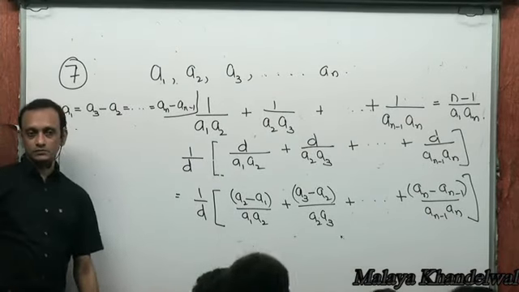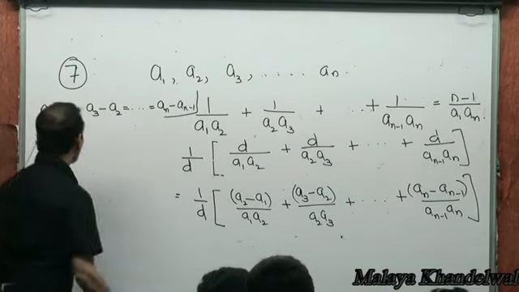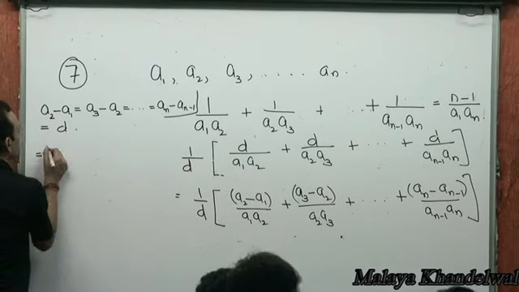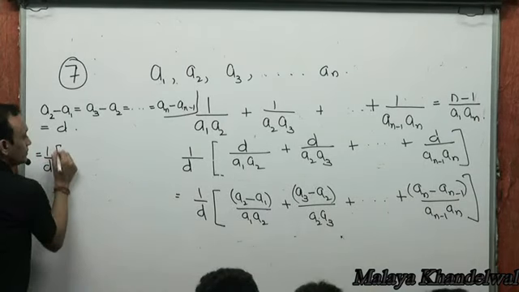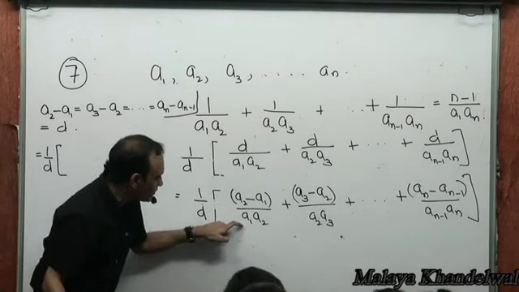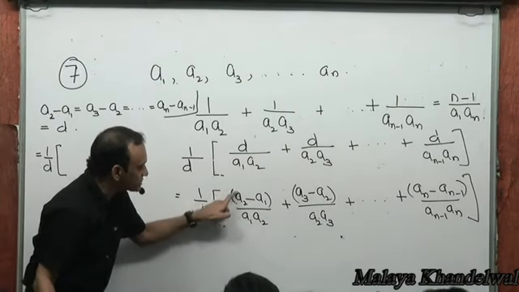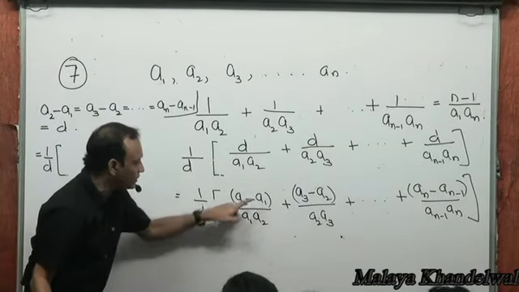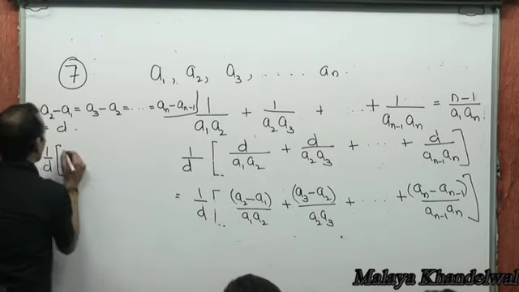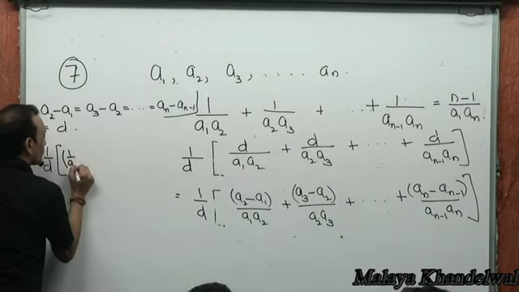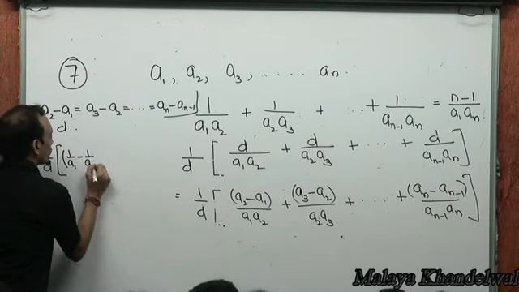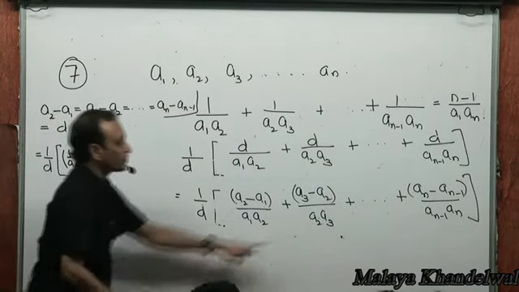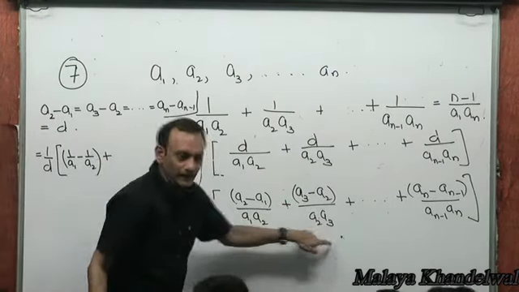How about this? Now what transpires is something interesting. 1 by d, if I divide, this will give me 1 by A1 minus 1 by A2, isn't it? Plus 1 by A2 minus 1 by A3.